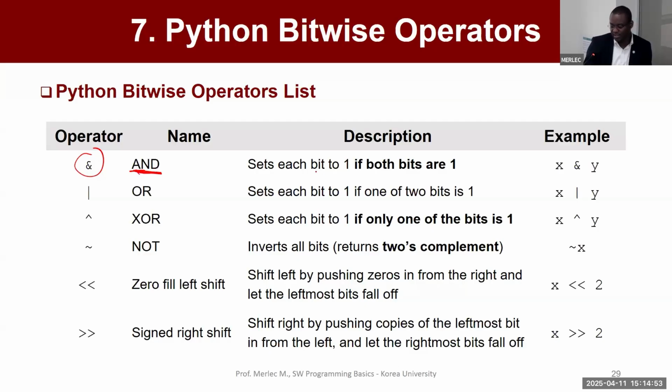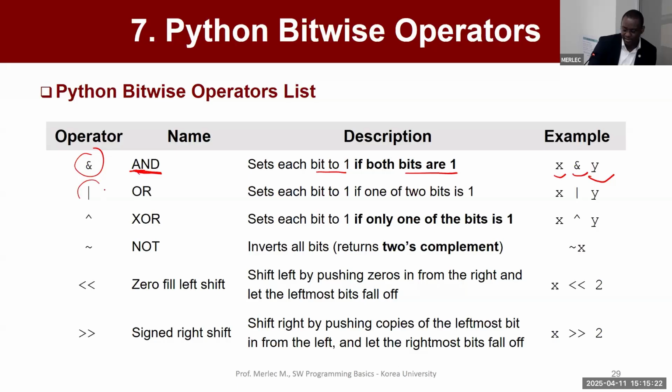It sets each digit to 1 if both are 1. For example, if you have a value stored in X, and then you use this AND operator with Y, this will take all the 1 bits and give the result by doing the logic I will explain.